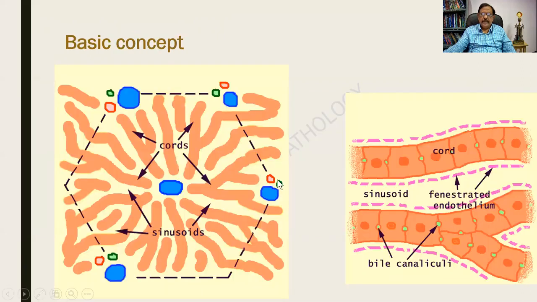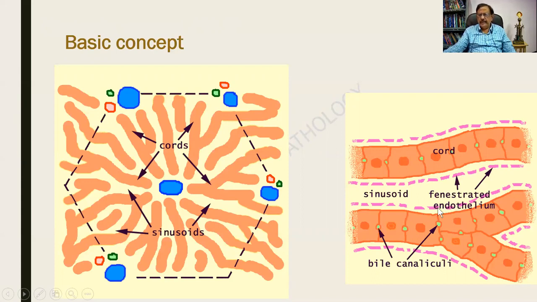This again is a very basic concept which I would like you to appreciate repeatedly. The central vein, radiating cords of the hepatocytes, the sinusoidal spaces in between, and the portal triad at the alternate angles. This is a hexagonal outline of the liver lobule.